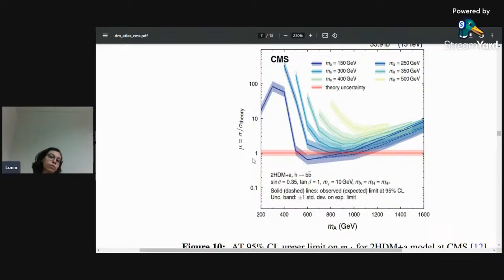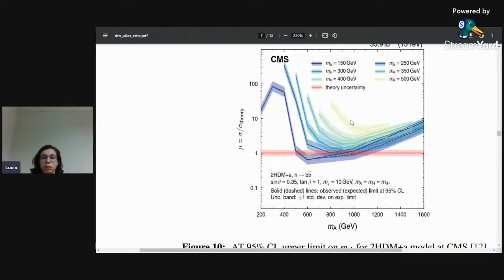I mean, this is one, so it means that the measured cross section is equal to the theory, and these bands are calculated for different masses. So inside that line is kind of when you compare the data with the theory, the model with that parameter is kind of feasible. Yeah.